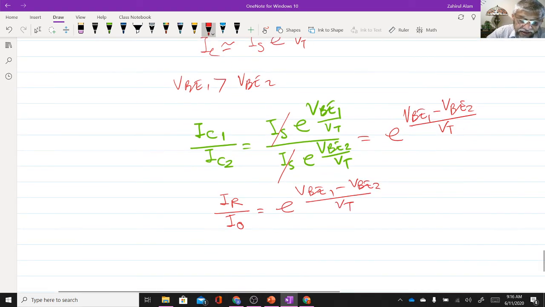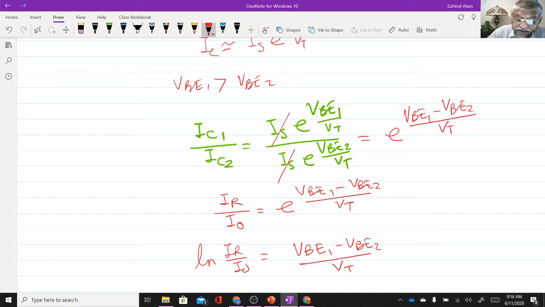So now if we take the natural log, it becomes VBE1 minus VBE2 divided by VT, and previously we have derived this is equal to I0 into RE into BT.